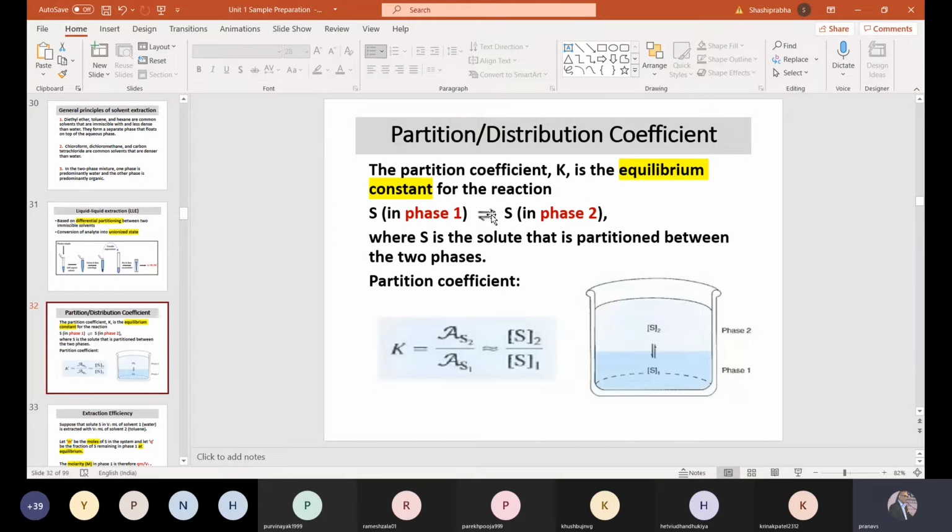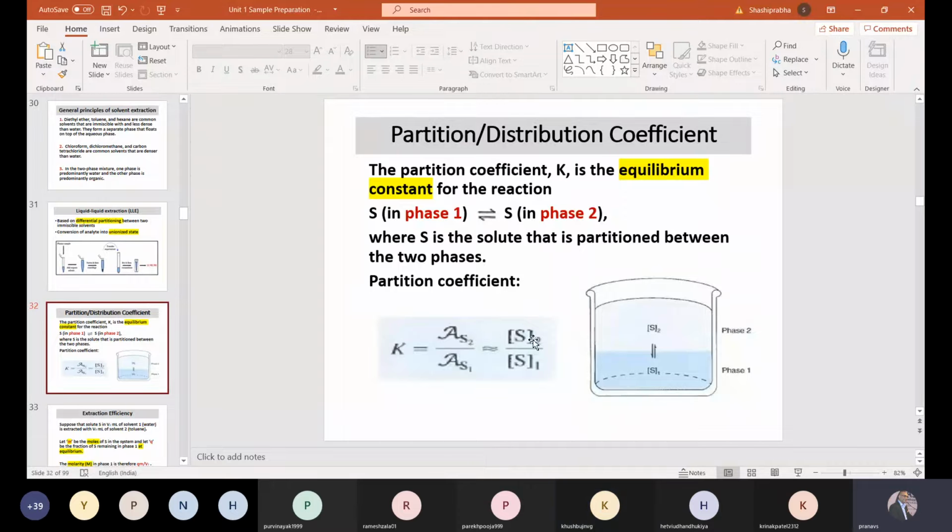That means this is a dynamic state, and you always find some solute on the right and some solute on the left, such that you have an equilibrium constant. And this equilibrium constant is defined as the ratio of the activities of that solute in the two phases, or when it can be equated to be close to concentration of those species in the two phases.